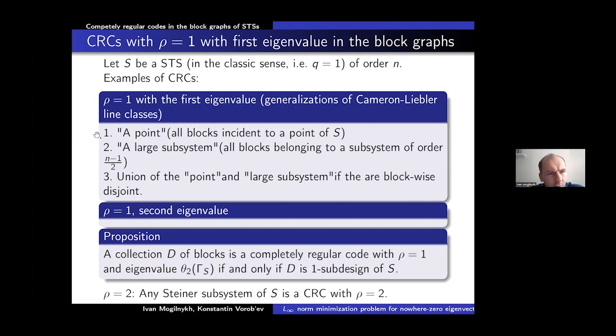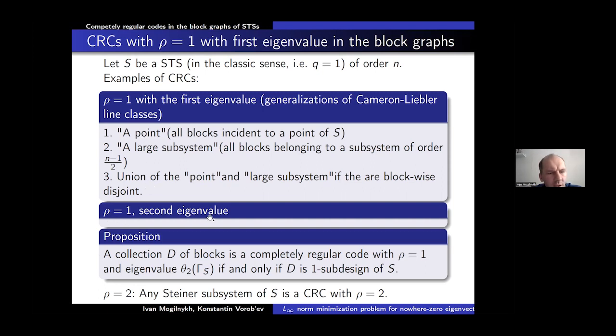The series are the following: a point code, which consists of all triples incident to a certain point; a large subsystem, which consists of all triples belonging to a subsystem of maximum possible order, (n minus 1) divided by 2, where n is the order of our Steiner triple system; and the union of a point and a large subsystem if these two are blockwise disjoint.